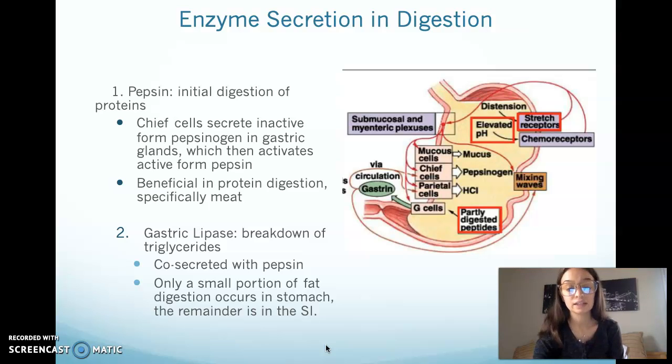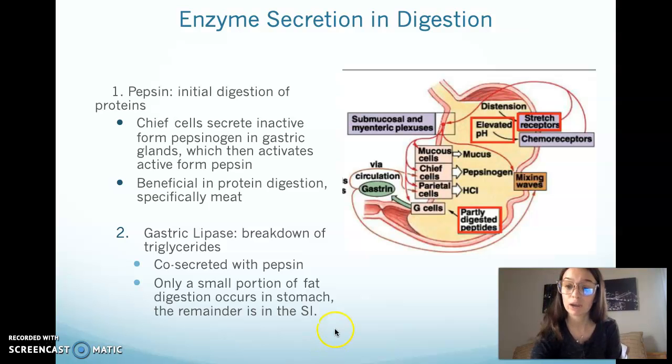And then secondly, the gastric lipase is more geared towards the breakdown of triglycerides. It is co-secreted with pepsin because when there's food coming into the stomach, it's not just going to be one substance, so multiple enzymes have to be elicited in order to do proper digestion and not have anything rejected from the stomach. And then only a small portion of fat digestion does occur in the stomach. The remainder of the fat absorption and digestion does happen in the small intestine.